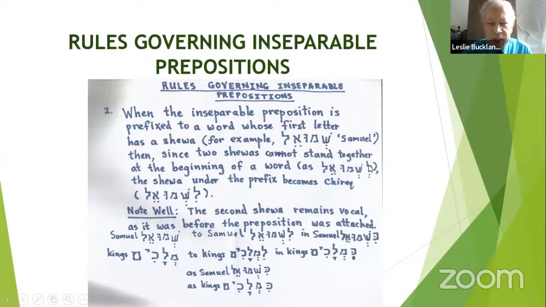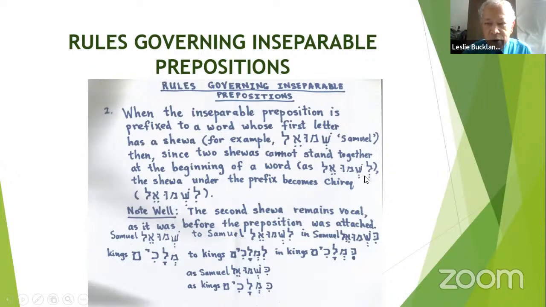So even though the inseparable preposition has its own simple schwa, and it is joined to Shemuel, which has its own simple schwa, it creates a grammatical conflict because two simple schwas or two composite schwas cannot be together side by side.